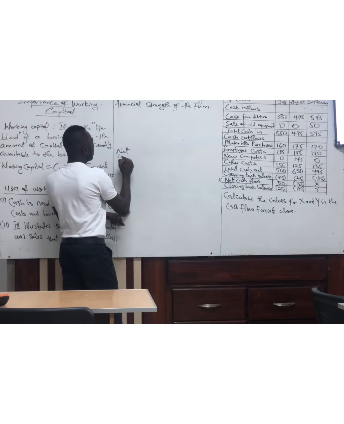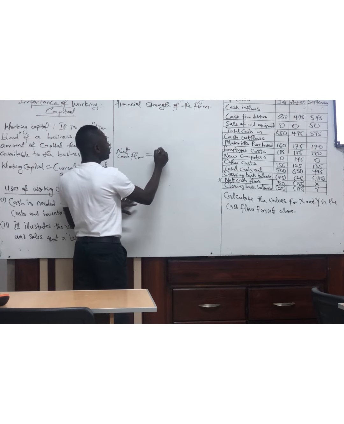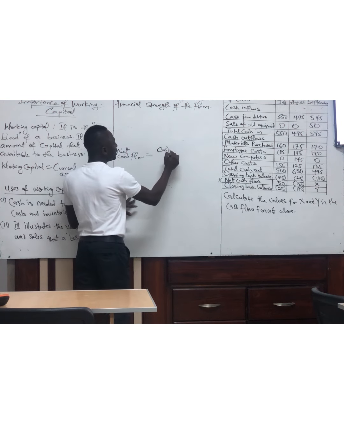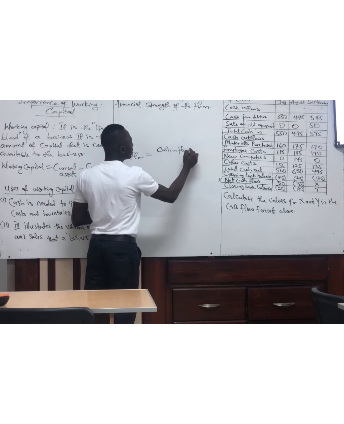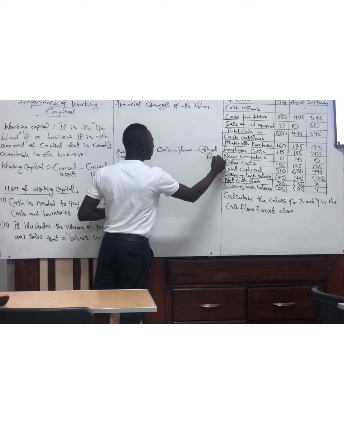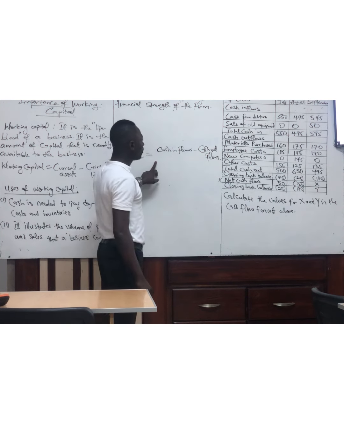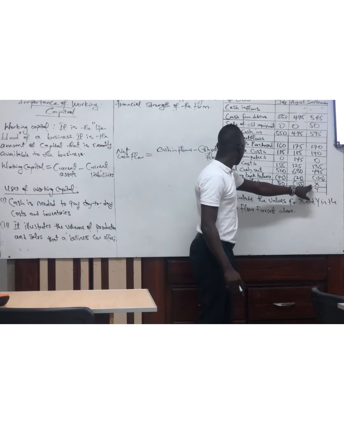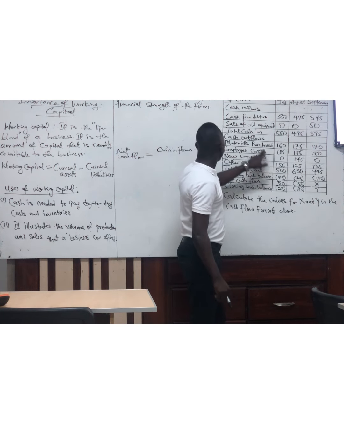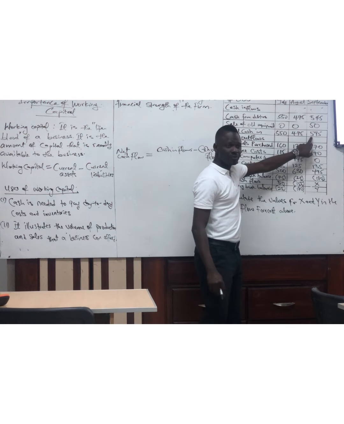Net cash flow. And what's our net cash flow? Our cash inflow minus cash outflows, right? So what's our cash inflow? We go to X. Where do we have our cash inflow under X? 595.